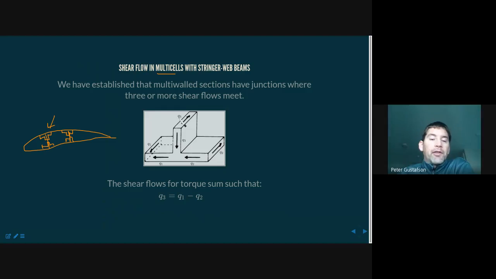Our previous statement was that the sum of all flows into a junction has to be equal to 0. Here in this diagram, Q1 is out, and Q2 and Q3 are in. So Q2 plus Q3 minus Q1 is equal to 0, and we could solve that for Q3 and get this equation.